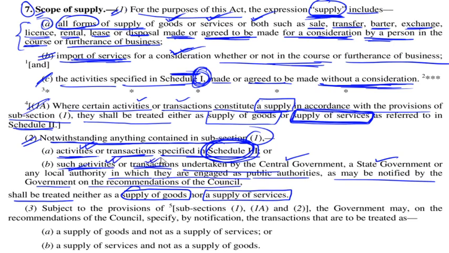Activities or transactions undertaken by central government or state government or local authorities in which they engage as public authority shall not be treated as supply of goods nor supply of services.